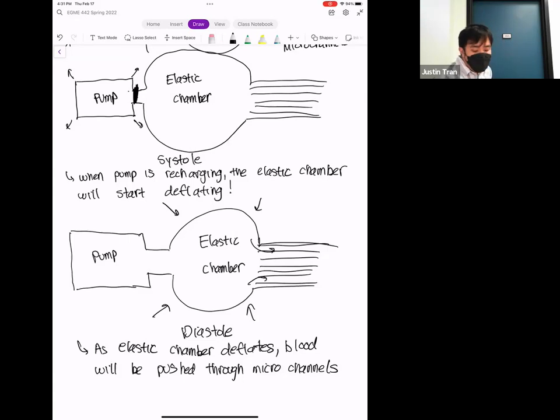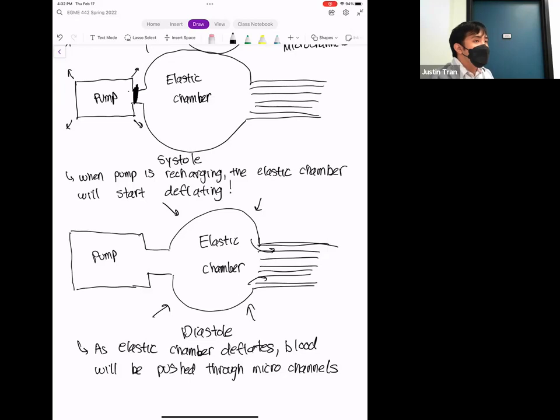And then when the pump relaxes, that elastic chamber is going to passively deflate. The rate at which the chamber deflates is a lot slower than when the pump is actually pumping. And so what you get is a sharp increase in pressure when the pump pumps, and then a slow decrease in pressure as the elastic chamber deflates. Then that process just repeats all over again. So fast upturn and then slow decrease.